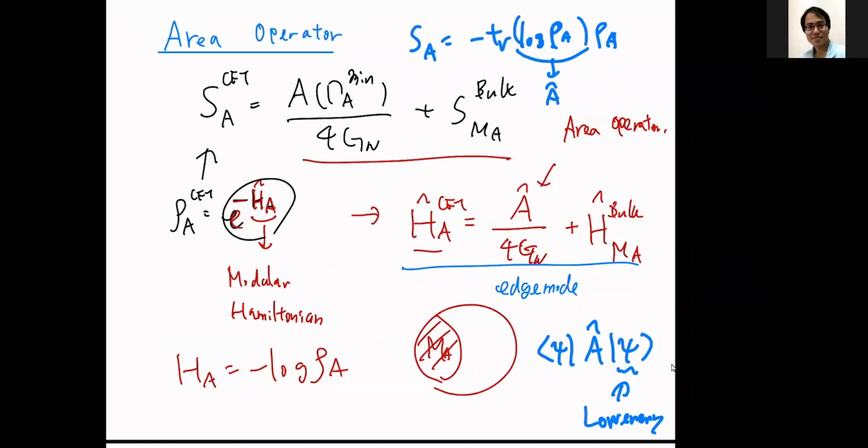I just wonder if we exponentiate this modular Hamiltonian equation, then in principle we should be able to write the CFT reduced density matrix in terms of the bulk reduced density. Yeah, you're right. But what I want to say is that this part is easy in some sense, because we have the area law divergence for entanglement entropy.